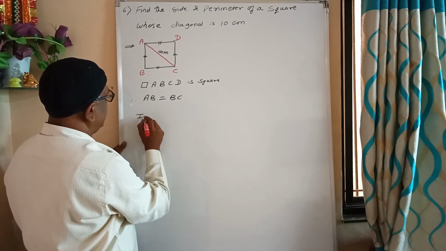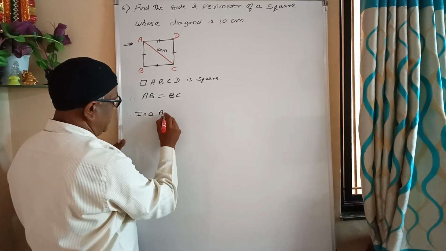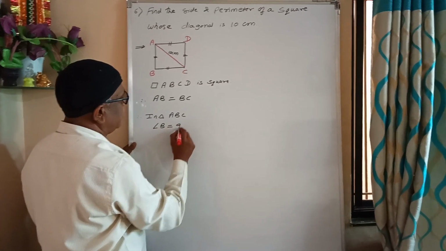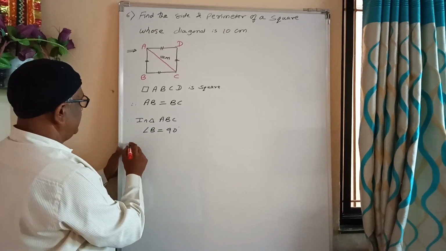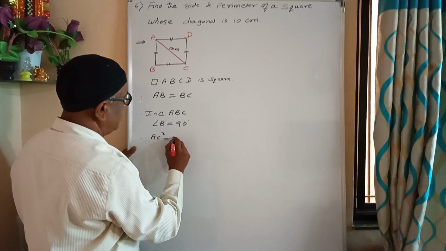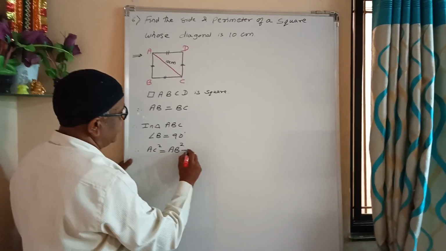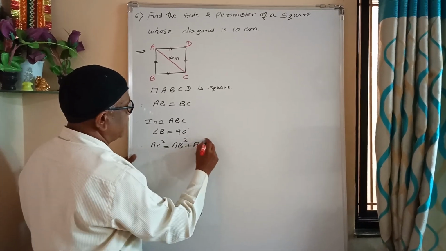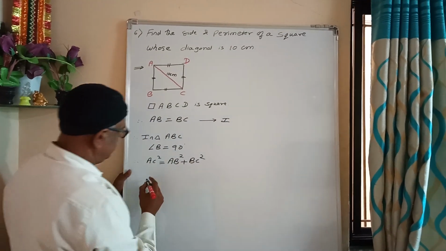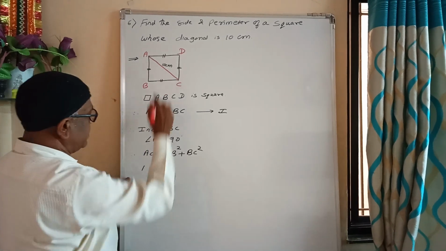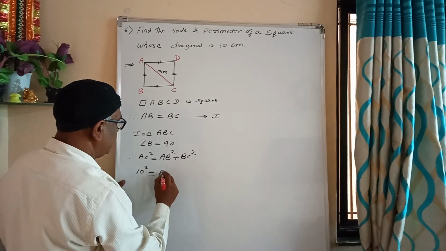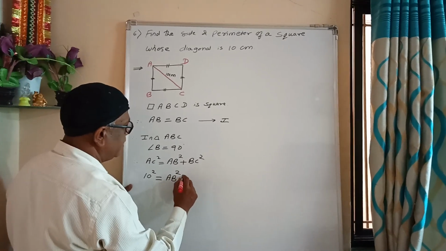Now in triangle ABC, angle B is equal to 90 degrees. Therefore AC square is equal to AB square plus BC square. AC is given, that is 10 square, plus AB, that we are going to find, AB square, plus BC square.